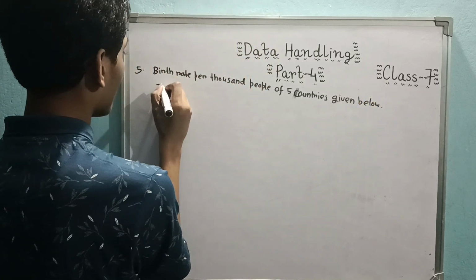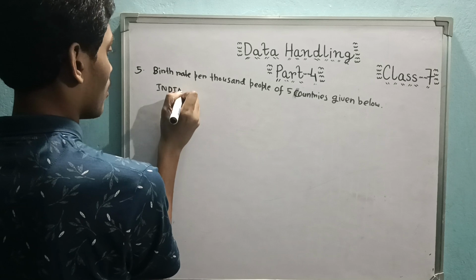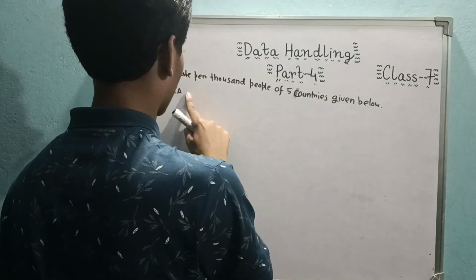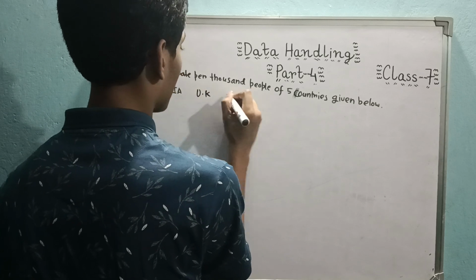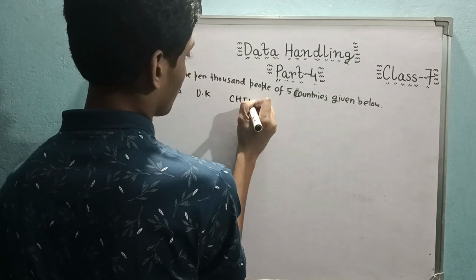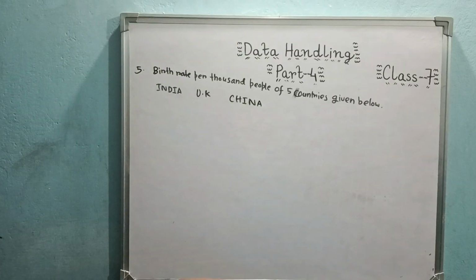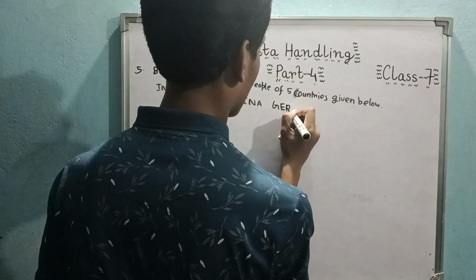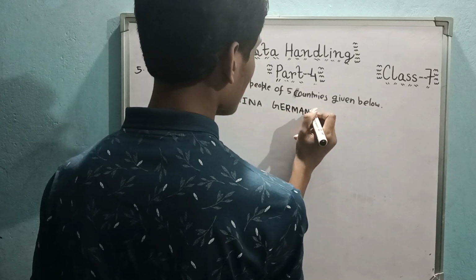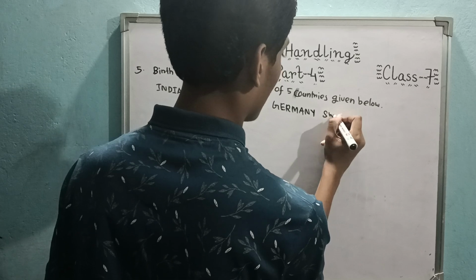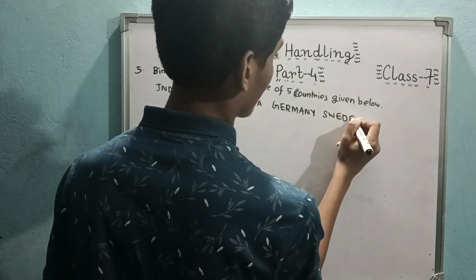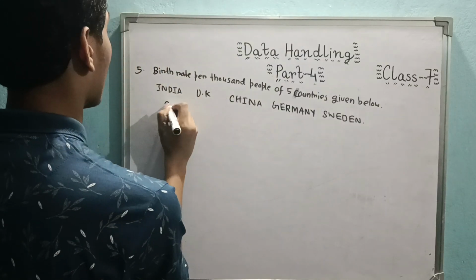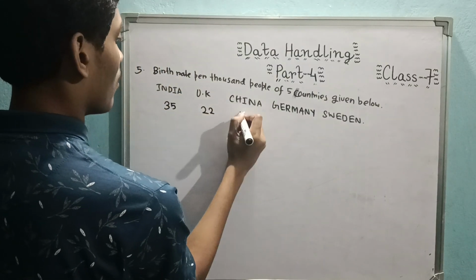And this is like India, UK, China, Germany, I think it was Sweden. Yeah. And just under them the respective birth rates are mentioned per thousand people: 35, 22, 43, 13, 8.